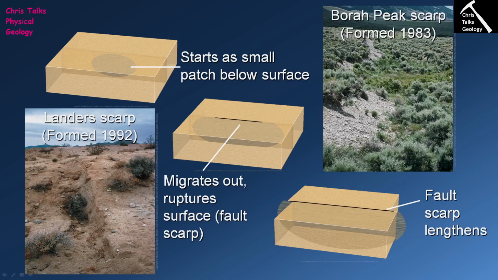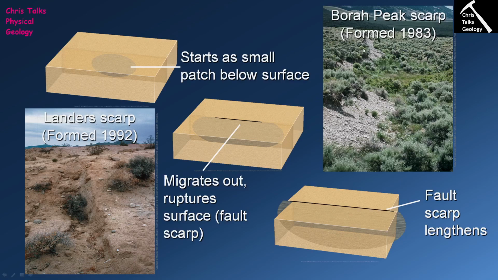So this represents our hanging wall block here. This represents our footwall block here. So the hanging wall block has dropped down relative to the footwall block, and that explains why we get this change in topography. And obviously we can see that the fault scarp itself represents once again the location where the fault is occurring on the surface of the Earth.